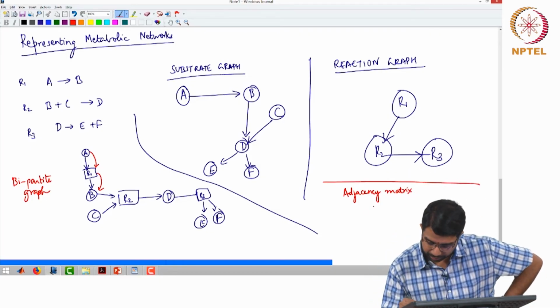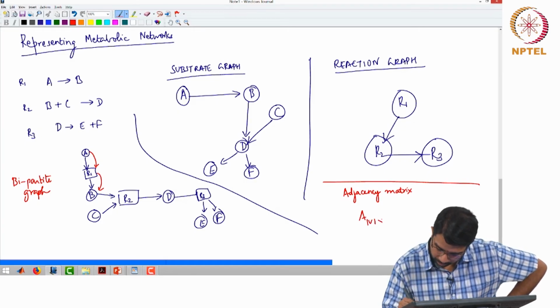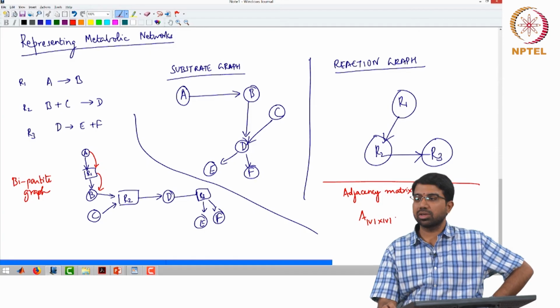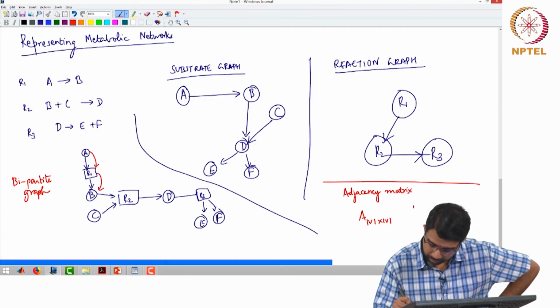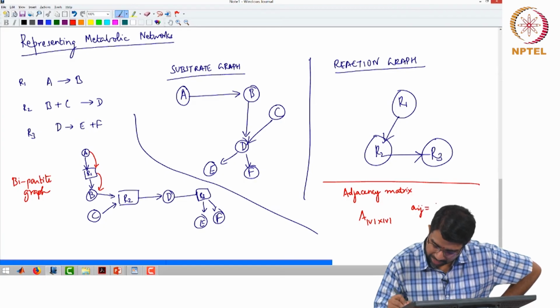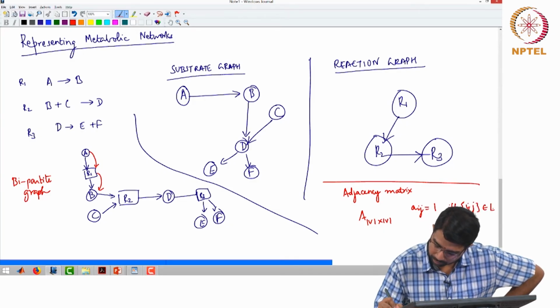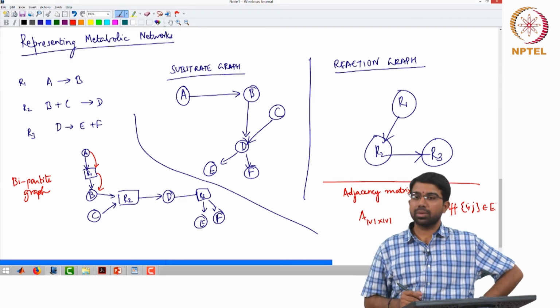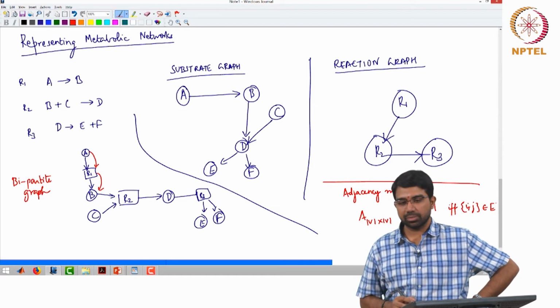It is a matrix of size number of vertices in the graph, Aij equal to 1 if there is an edge between i and j.